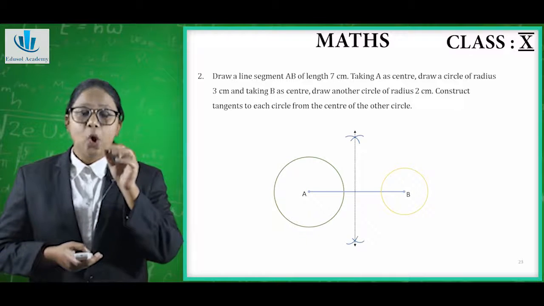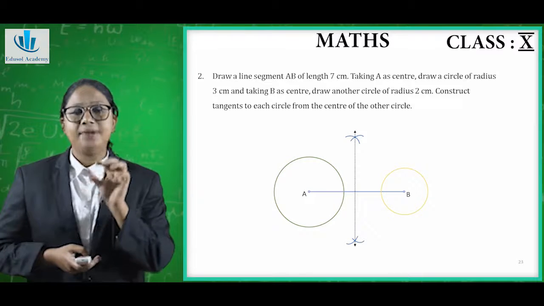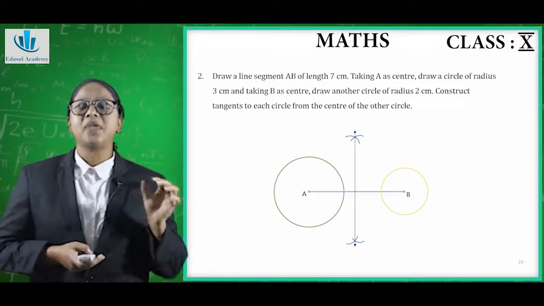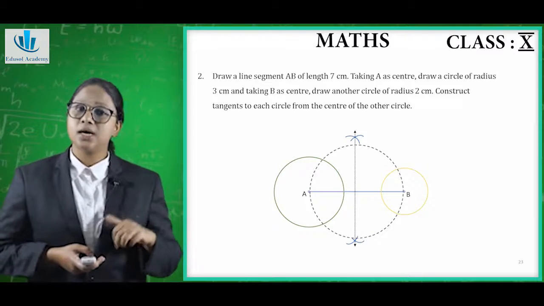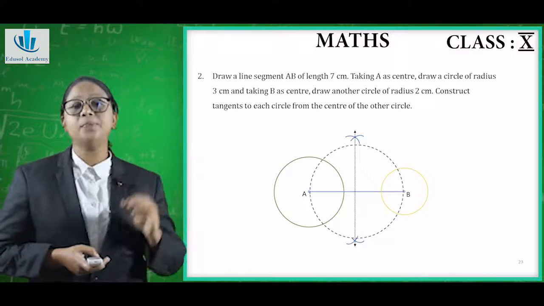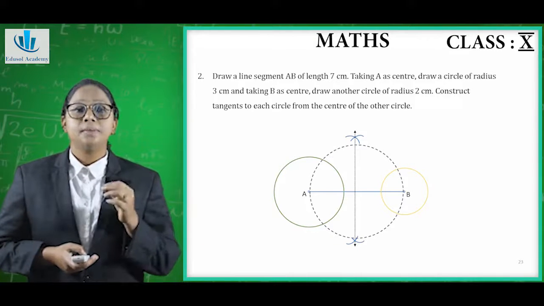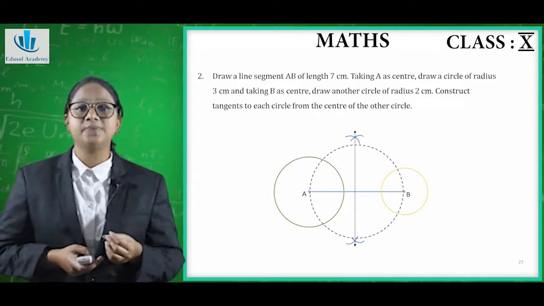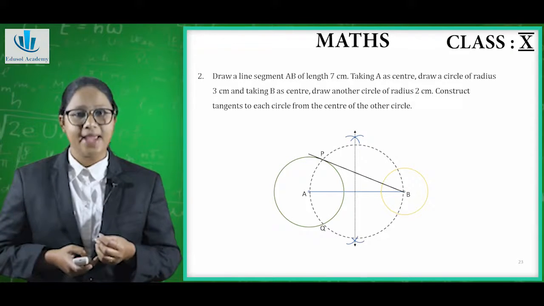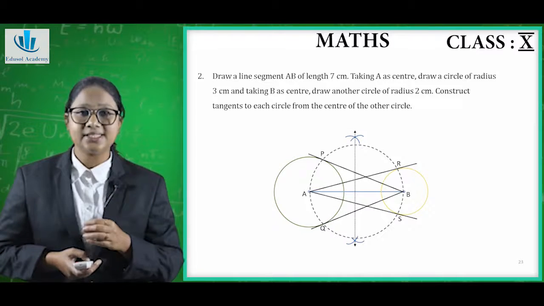Now with the point of bisection as center and the gap between the point of bisection and A or B as the radius, draw a new circle, as you can see, the middle one. The points where the middle circle touches both these other circles be P, Q and R, S. Join AP, AR and AS.